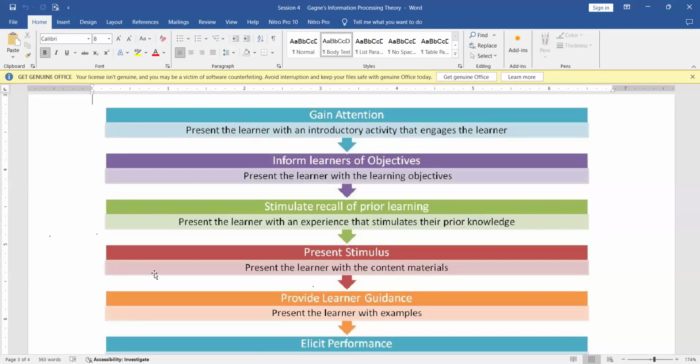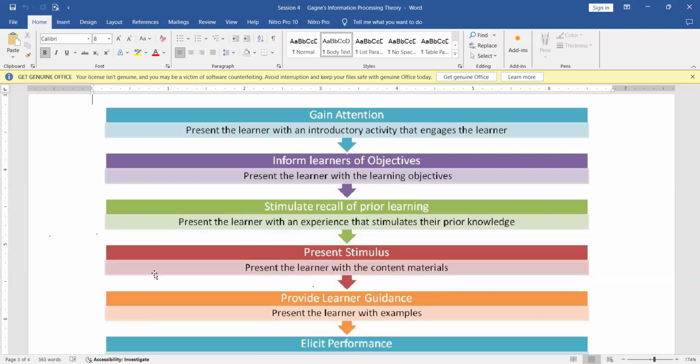Then no learning happens. Because of that, Gagne says one event that should take place in the classroom is to gain the attention of the learner, present the learner with an introductory activity that engages the learner and gets their attention to the lesson. Because if attention is not paid, nothing is perceived and committed to the memory.